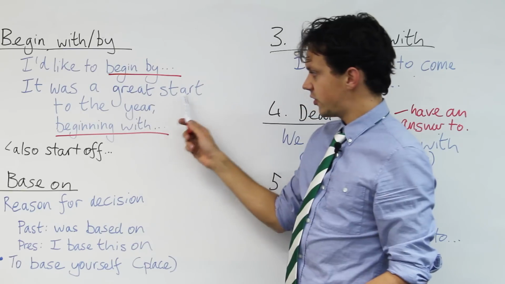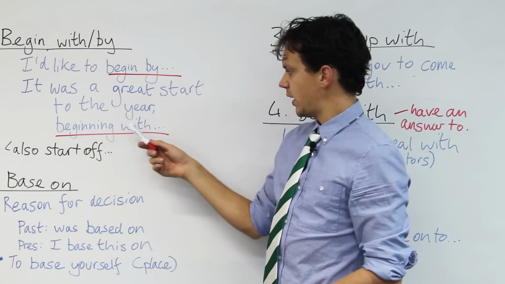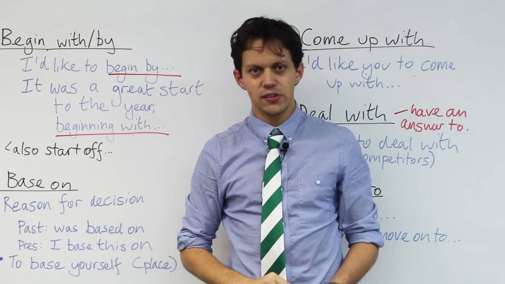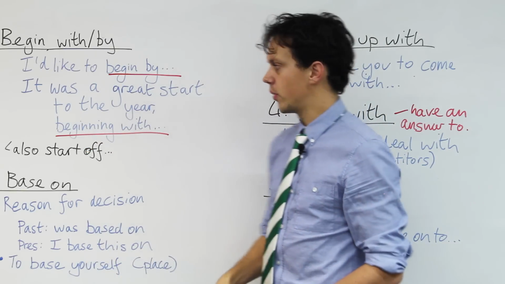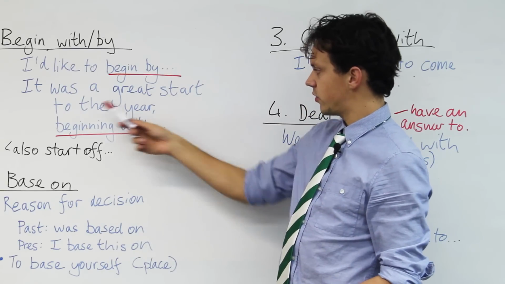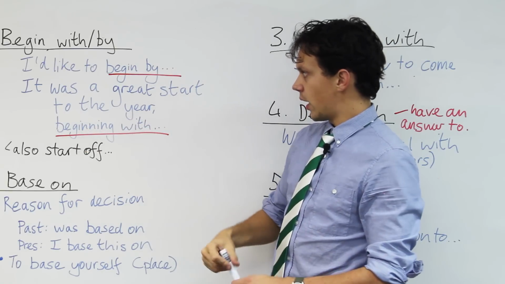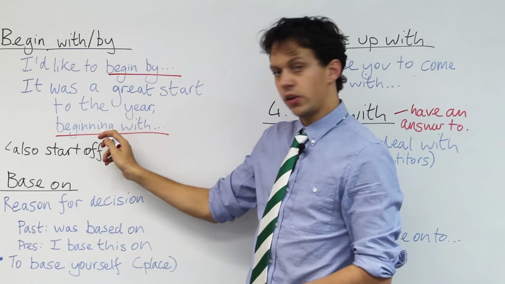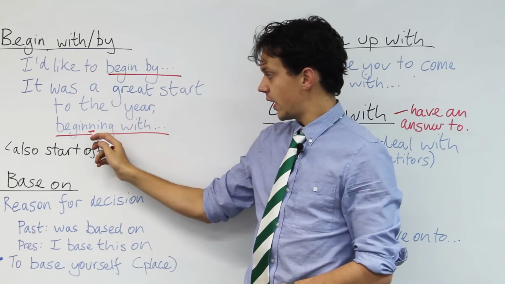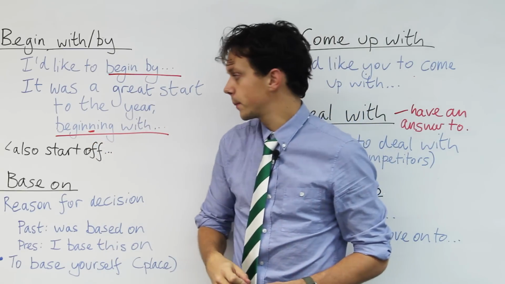Okay. Another use of begin with or by. It was a great start to the year, beginning with the press conference in Japan, for example. Yeah, it was a great start to the year, and then beginning with ing. Just the spelling, when you are going to use ing, you need to add that extra n, beginning with.